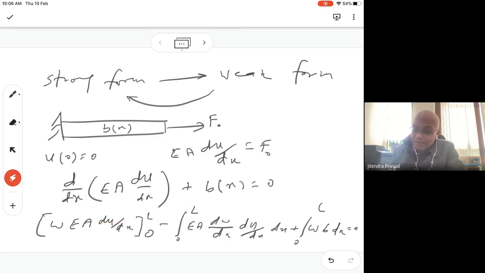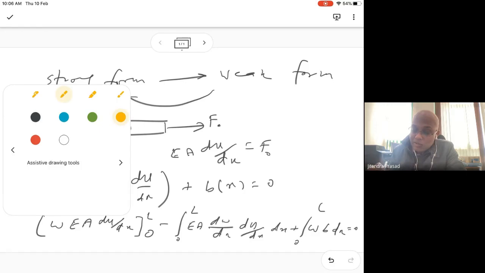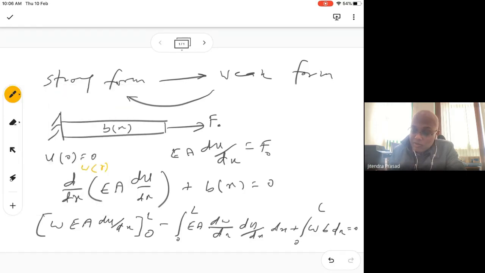If you put these values, first here we have WL and this value, and then you have W0 minus W0. W0 will be 0 because u0 is 0, so W0 will be equal to 0.